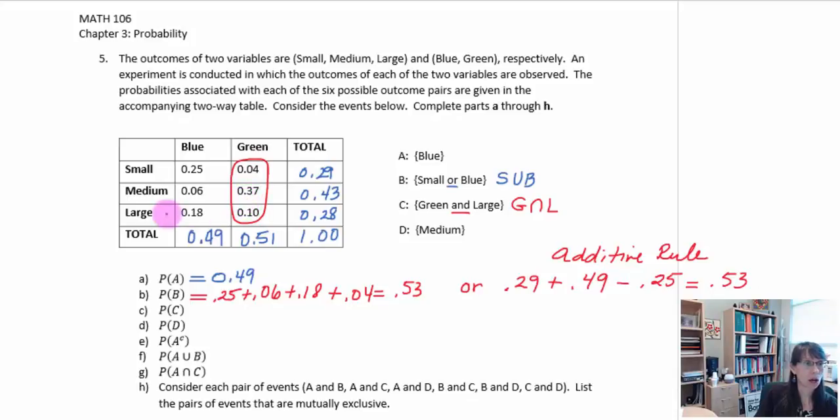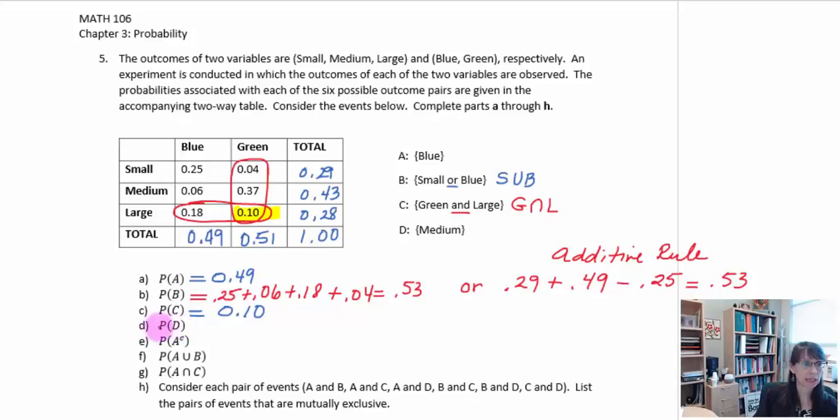And the event large would be these two values. And do you see how 0.10 is included twice? So 0.10 is the intersection. This is our answer. So we have 0.10.